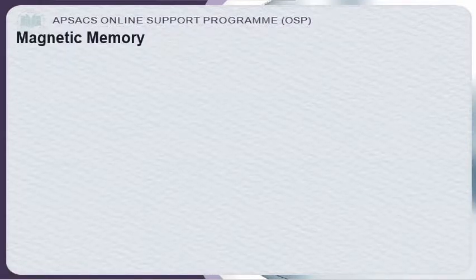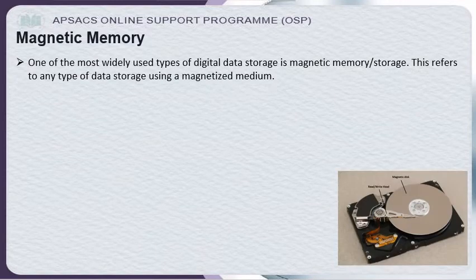Another memory is magnetic memory. One of the most widely used types of digital data storage is magnetic memory or magnetic storage. This refers to any type of data storage that uses a magnetized medium.